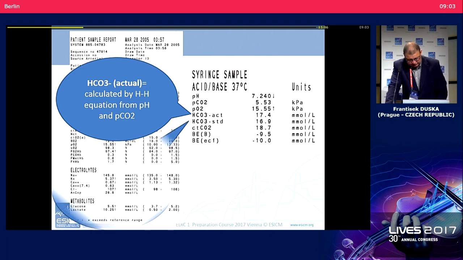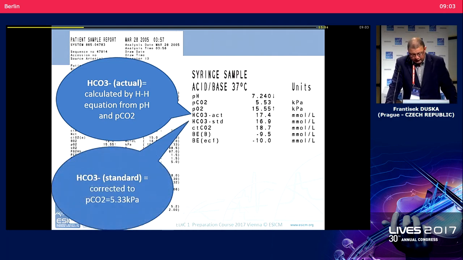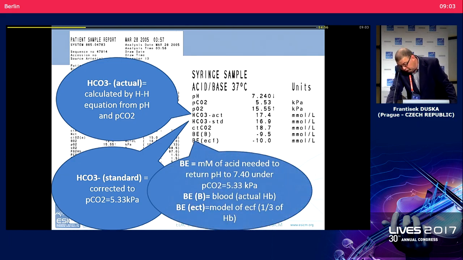Standard bicarbonate is mathematically corrected to a PCO2 of middle normal value. Base excess is the definition: the original concept was that they bubbled gas with a PCO2 of 5.3 through a test tube with heparinized blood, then measured pH and titrated it. Now it's all done mathematically, but the concept is still the same.